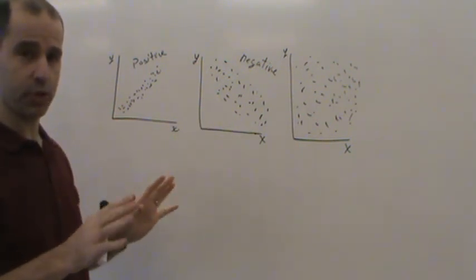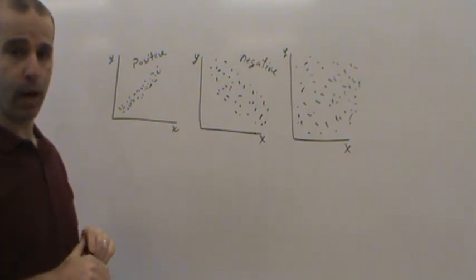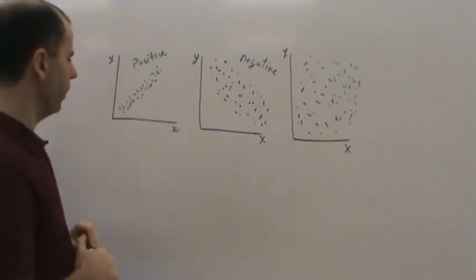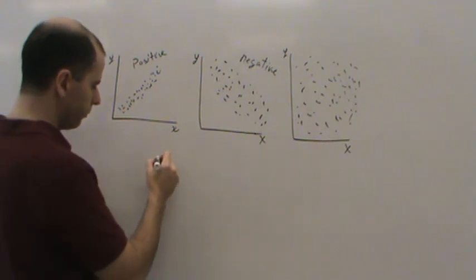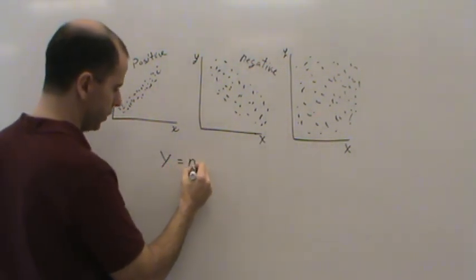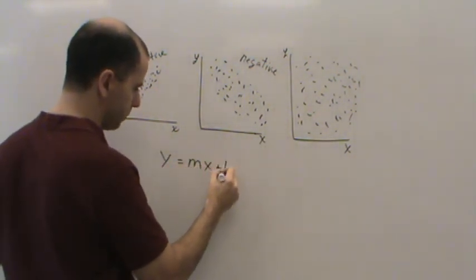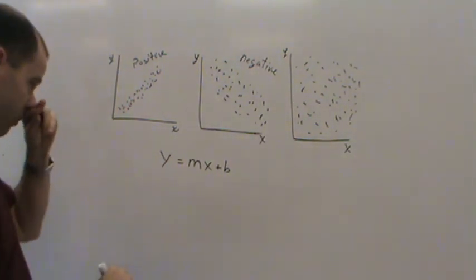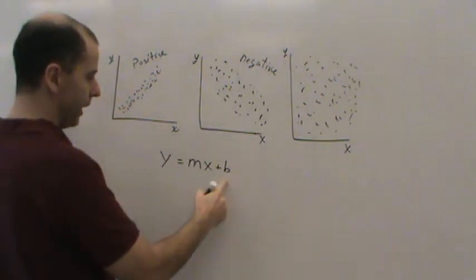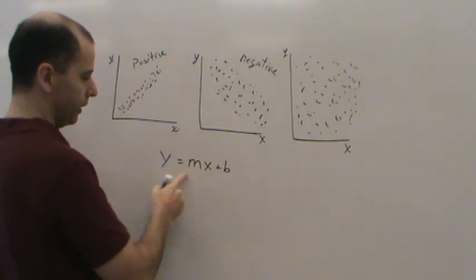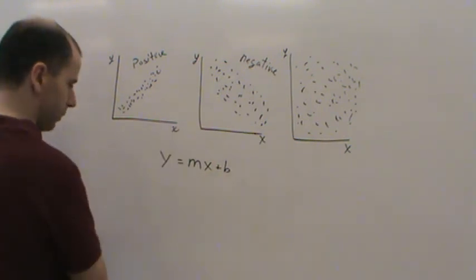We're only going to deal with relationships that are modeled by a straight line. So in other words, we're going to be dealing with this equation, y equals mx plus b. It's going to have a slightly different form, but we're going to be talking about what's the best line to fit the data. But that's going to come later.